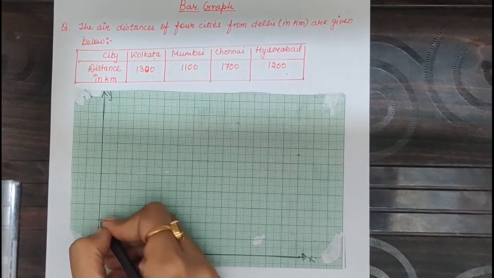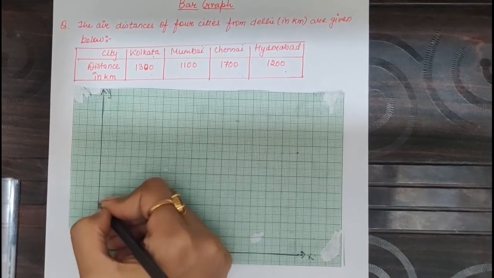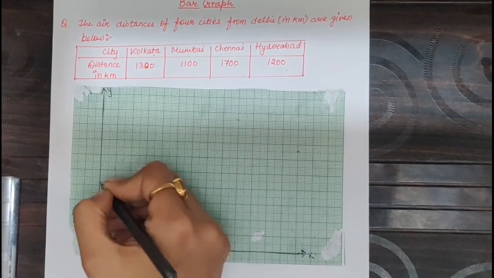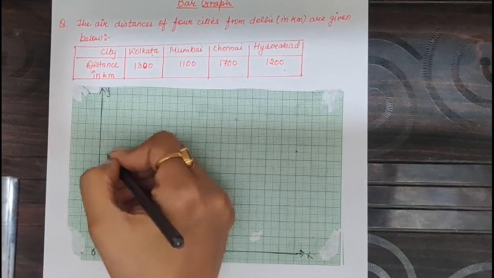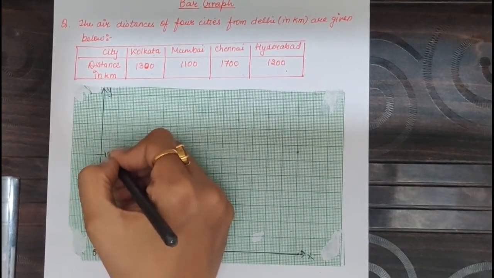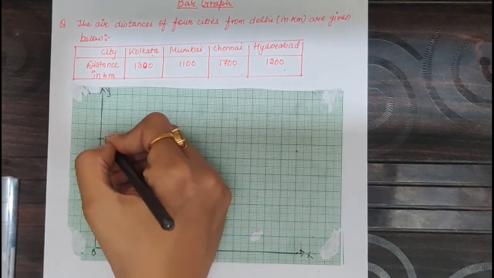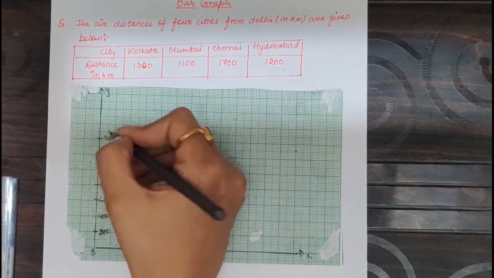On the y-axis, take points 200, 400, 600, 800, 1000, 1200, 1400, 1600, 1800.